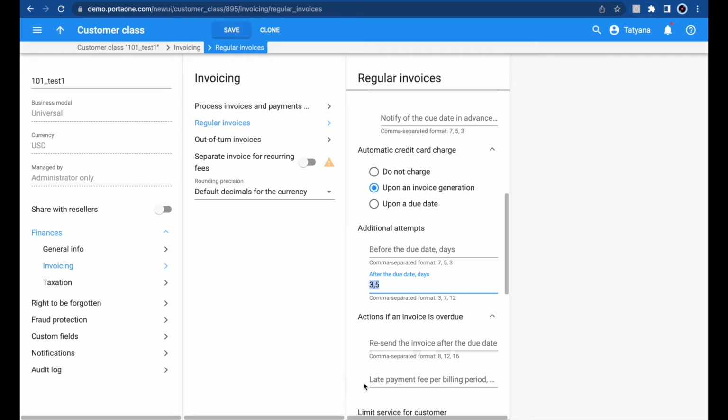Whenever possible, it is always a good idea to configure automatic credit card charge in the system. Imagine our customer who has a number of subscriptions and actively uses the services every month. They receive an invoice and they have to remember to pay it.